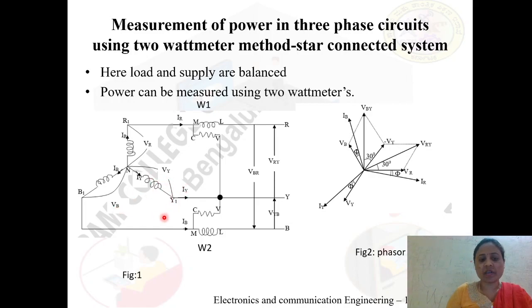Let us consider the phase sequence as R, Y and B. Let us consider the VR voltage along the x-axis, assuming its phase value as 0, and VY lags VR by 120 degrees, and VB lags VY by 120 degrees.